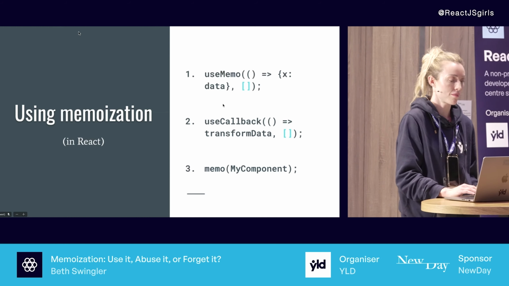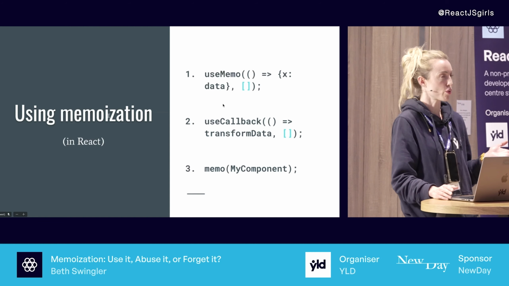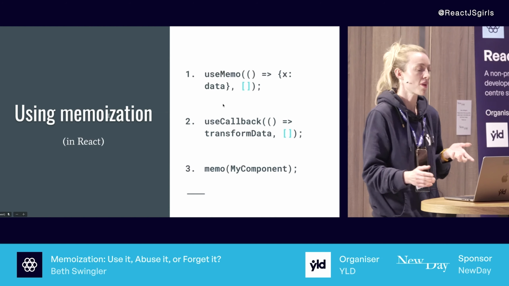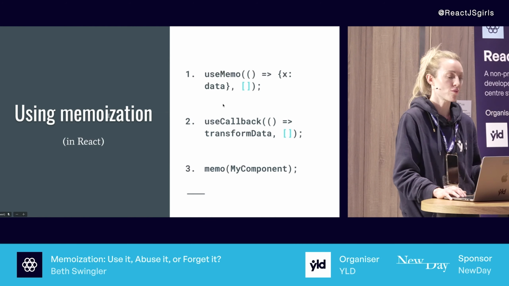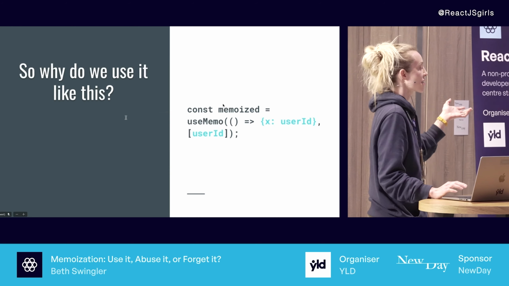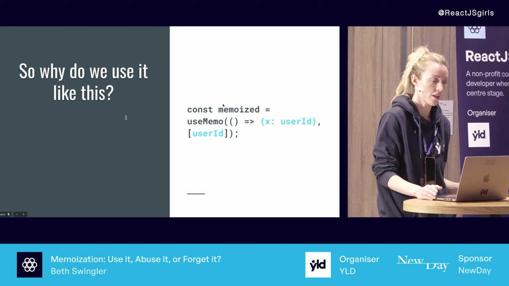So one thing you might be asking at this point is, I thought memoization was meant to be for speeding up complex calculations. So why do we use it like this? This is probably a pattern that you've seen quite a lot.